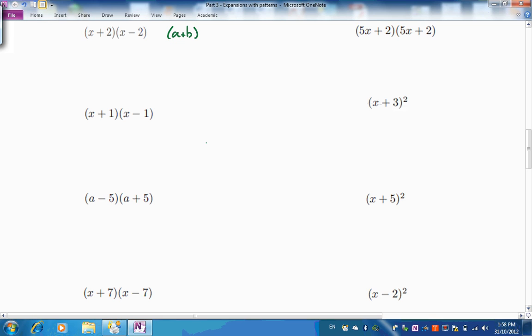A plus B by A take B. Without multiplying it out now, we have shown through doing this multiplication that you always get the middle terms wiping out. One is a positive AB and the other is a negative AB. So can we in these problems go straight to this?